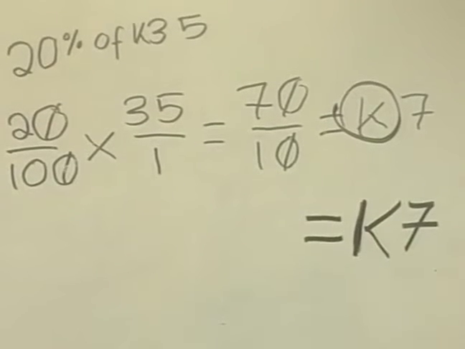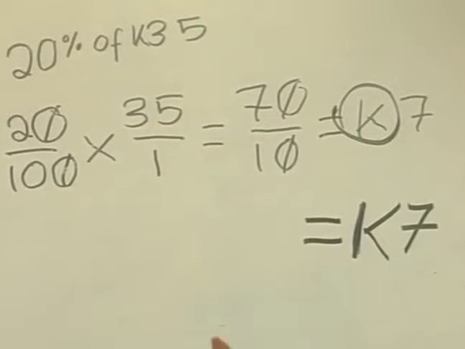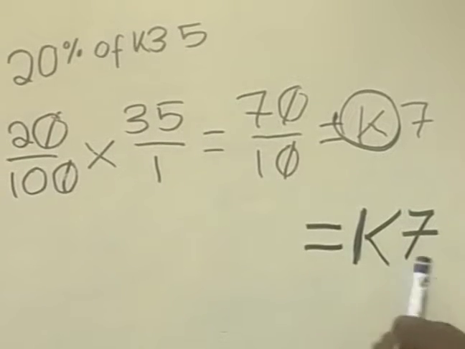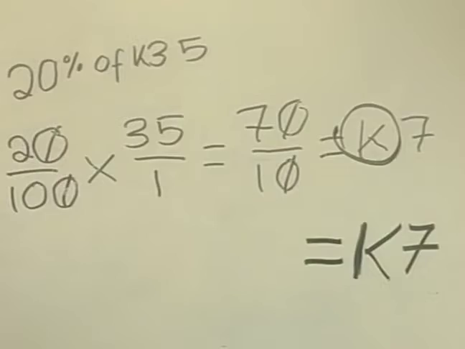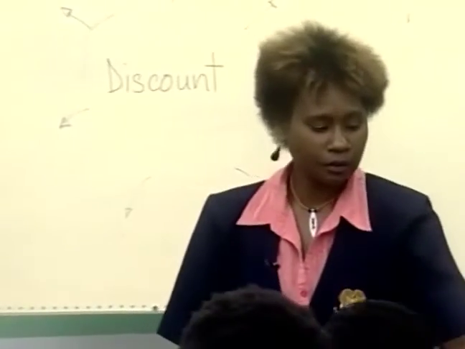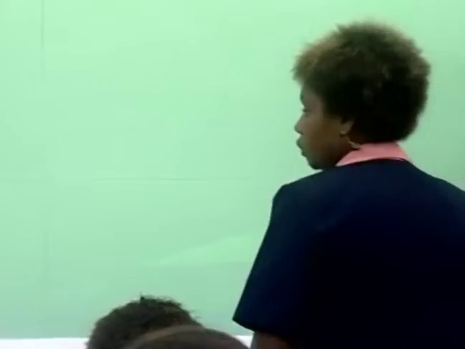Just do the normal multiplying in working out your answer, and then you write your answer with the unit that is asking you to write. We are only using one method, which is the fraction method, for this exercise.